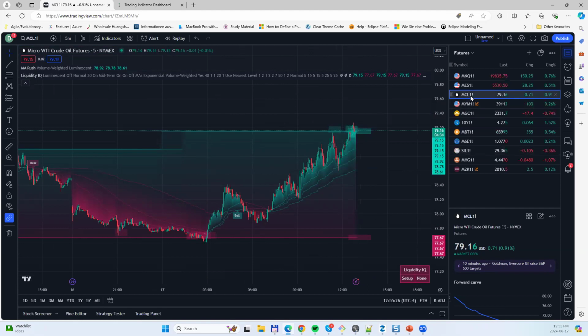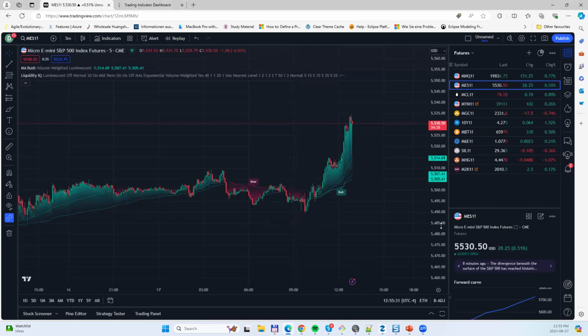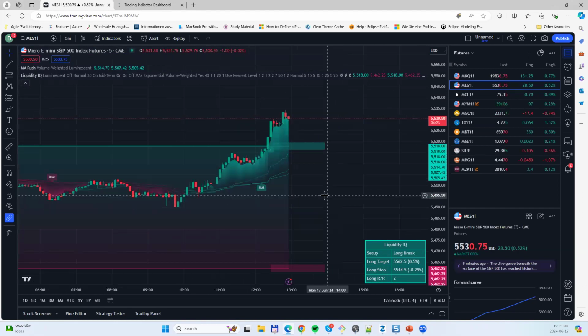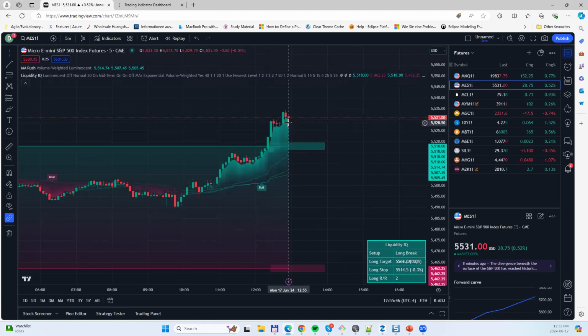All right. And can you briefly look at ES? Okay, ES again. What do we have here? We do see a bit of a retracement. Not too much. ES has broken out. We are on a long break scenario. The indicator has flagged it out here. Price is moving higher. I would not engage into this trade right now. Just stay on the sidelines.